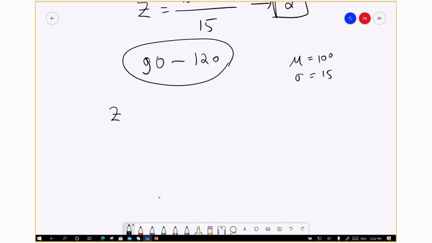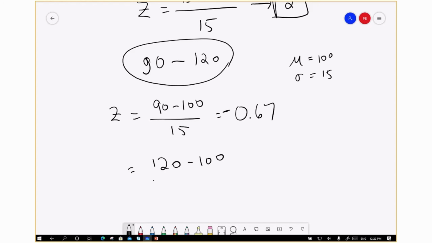So we'll begin for the Z of 90. It's going to be equal to 90 minus 100 divided by 15, and that's going to give minus 0.67. And for the 120, we get 120 minus 100 divided by 15, which is equal to 1.33.